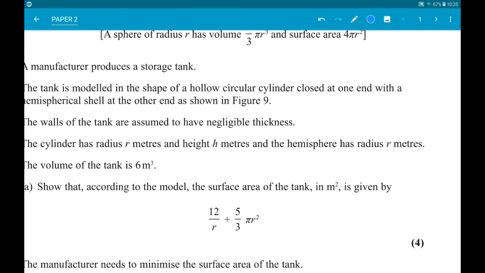The radius of the cylinder is r meters, and the height is h meters, and the radius of the hemisphere is r meters. The volume of the tank is 6 meters cubed. Part A. Show that, according to the model, the surface area of the tank is 12 over r add 5/3 pi r squared.